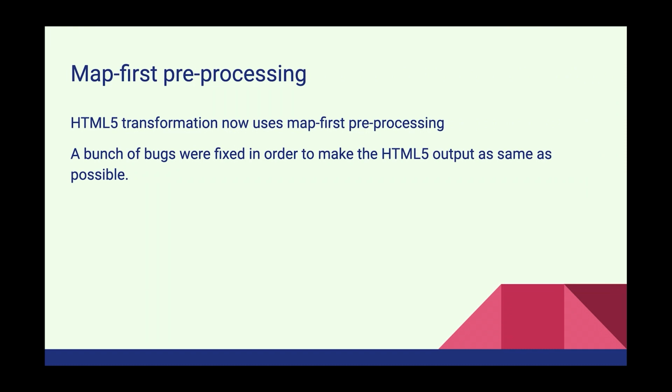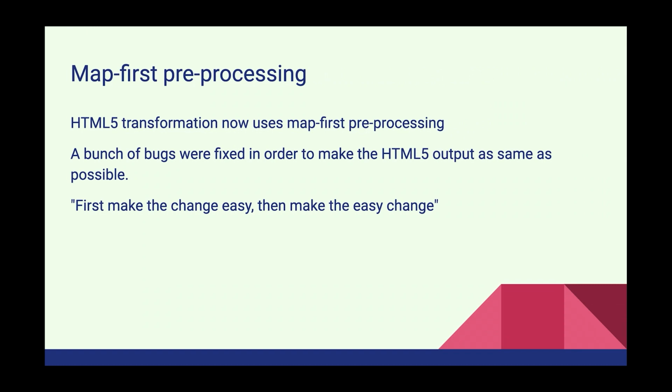So in order to make the migration path from the legacy pre-processing to map first pre-processing in HTML as easy as possible, we fixed a bunch of bugs there. Usually corner cases, annoying ones, but the process of fixing these sort of gave us insurance that this newer version of pre-processing really works.